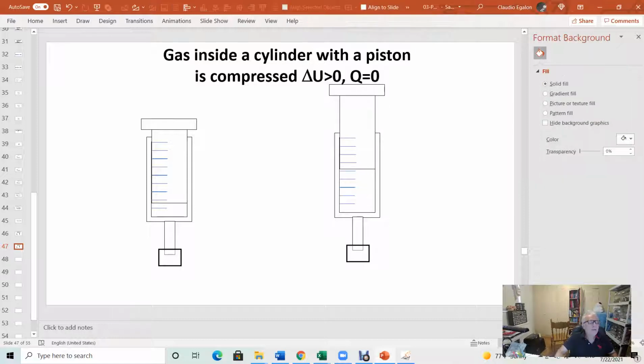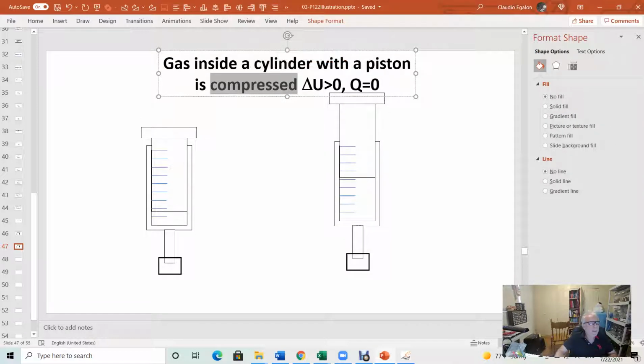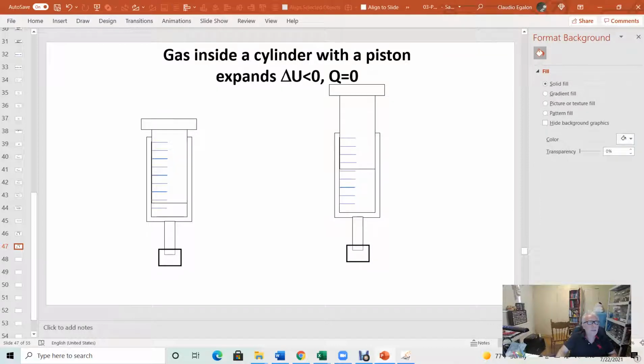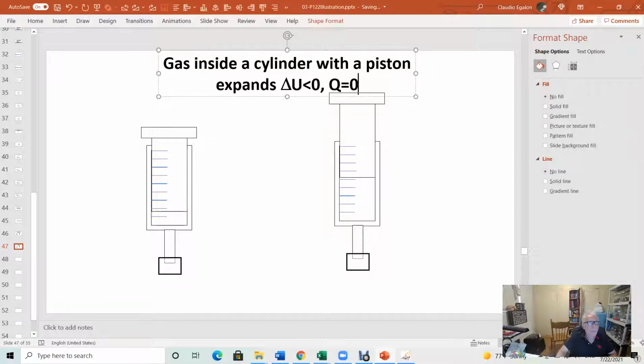Gas inside the cylinder expands. It loses internal energy because the work done on the system is negative. Work done on the system is negative.